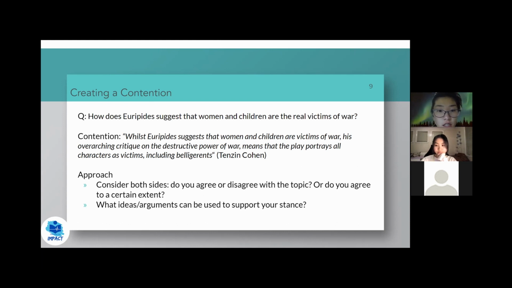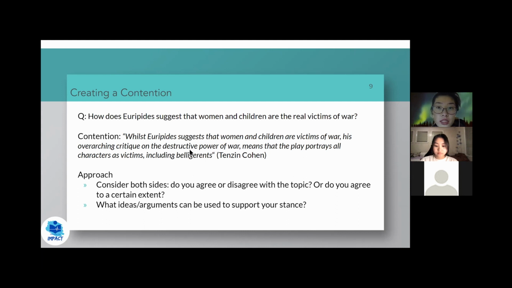So we've got the idea that although we're agreeing that women and children are victims of war, that's one point. Then there's another point saying that there's an overarching critique on the powers of war, on the destructive nature of war.